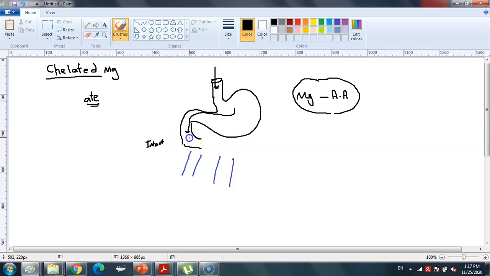When it reaches this site, there is another channel called the dipeptide channel. The dipeptide channel will absorb the magnesium chelate completely. Therefore, there's no competition in this case.